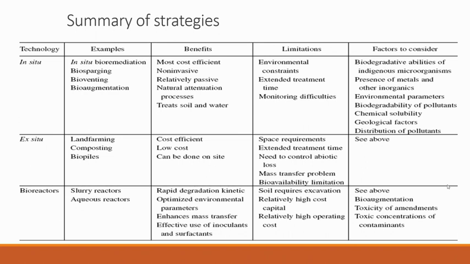Like I said, distribution of the pollutants is quite necessary. Ex situ has the same factors, but the limitations of ex situ are space requirement, extended treatment time, needed control, abiotic losses, mass transfer, and so on and so forth.